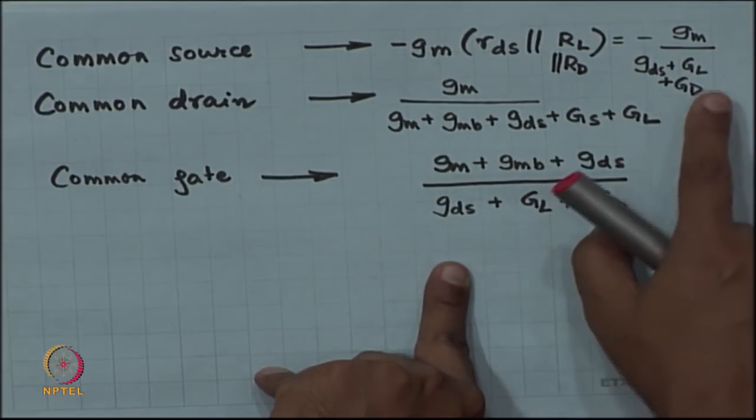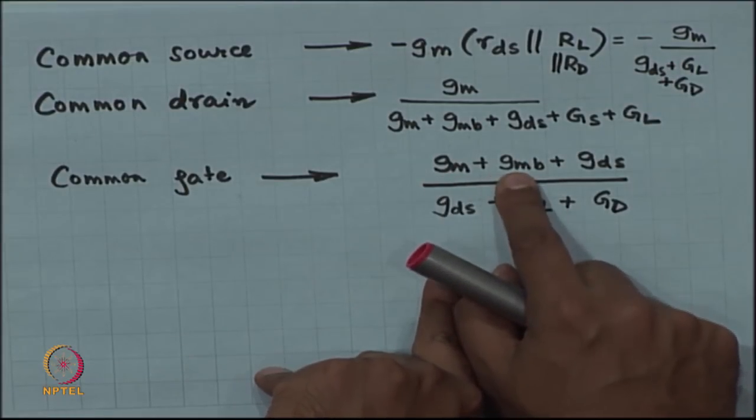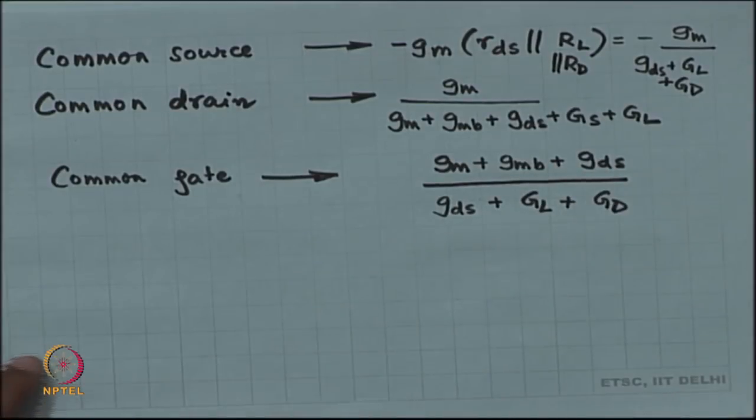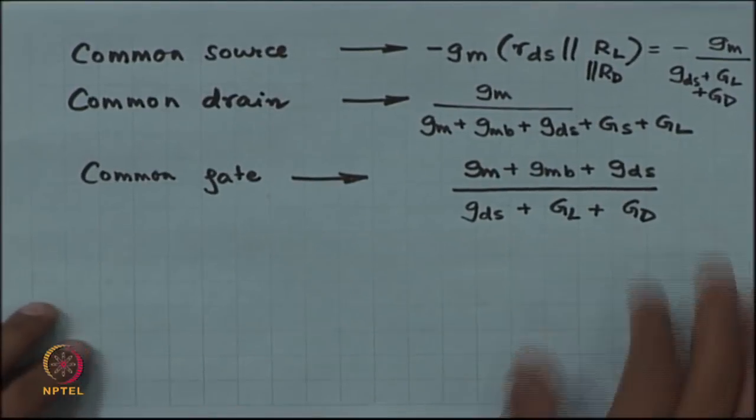Numerator, this one has just Gm, whereas here you have got Gm plus Gmb plus Gds, right. So, naturally the absolute gain of the common gate circuit is more than that of the common source amplifier. Fine. So far so good. Okay.